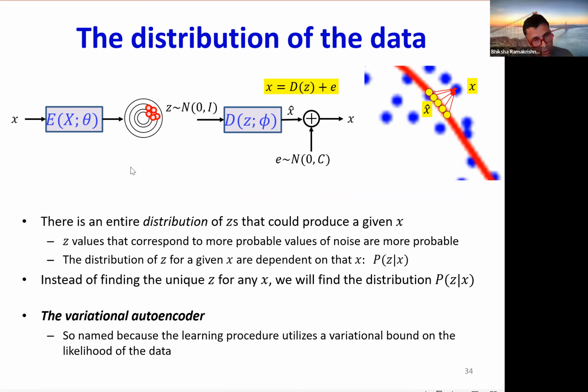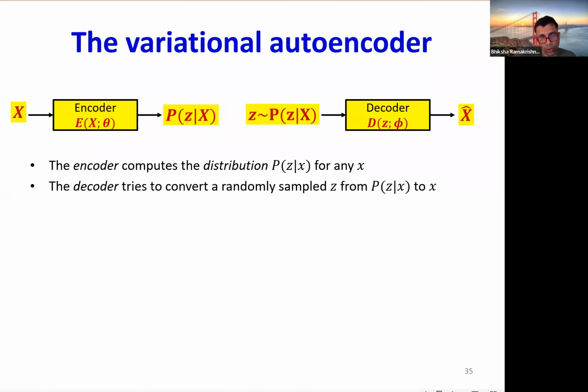That's where the variational autoencoder comes in. So we're going to approximate this P of Z given X by a Gaussian, and we'll estimate the parameters of that Gaussian such that the likelihood assigned to the data is a lower bound on the actual likelihood of the data. And we're going to keep maximizing it. That's where the variational autoencoder comes from.